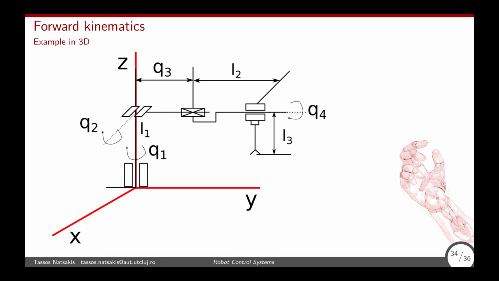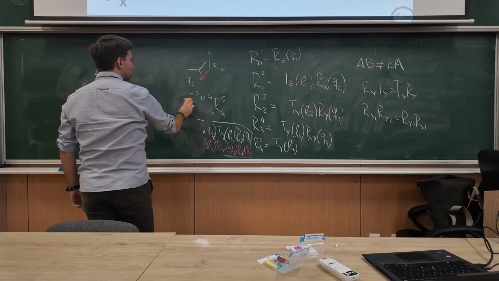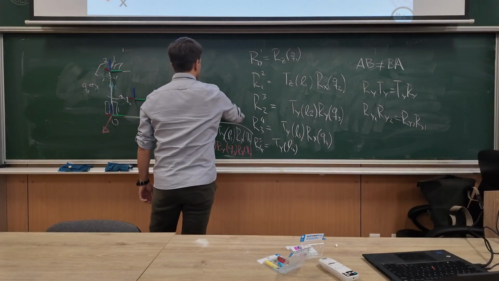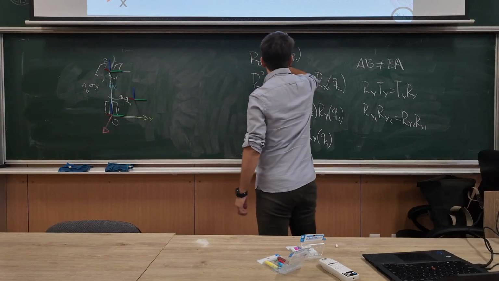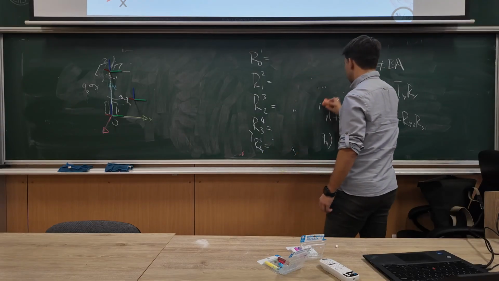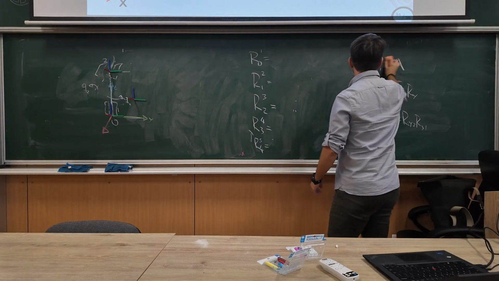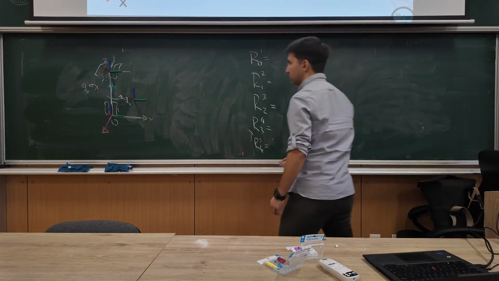Here the difference is that I have a prismatic joint as well. So basically until here we have the same robot. Let's see how we deal with prismatic joints as well. Nothing fancy, but good to see.